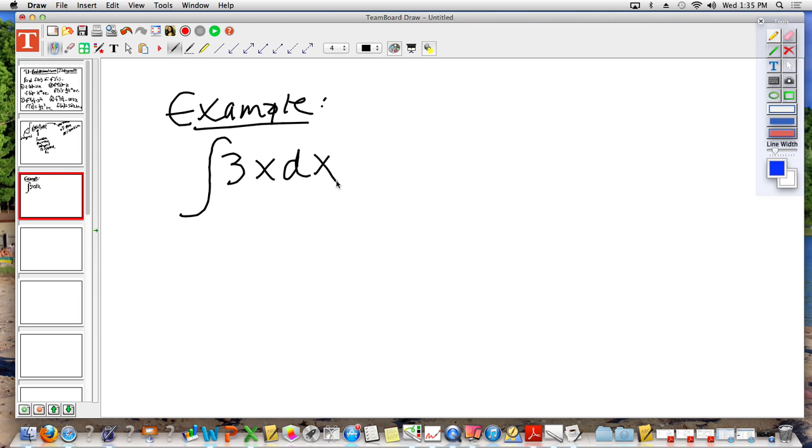I've noticed that some of you are already picking up on some of these little tricks, but what I would like to mention is when you have a constant number right out in front, that is the same thing as writing this as 3 times the integral of x dx. So that constant number can always be brought right out to the front, and then you can deal with just what's left over. So all you have to worry about now is the x.